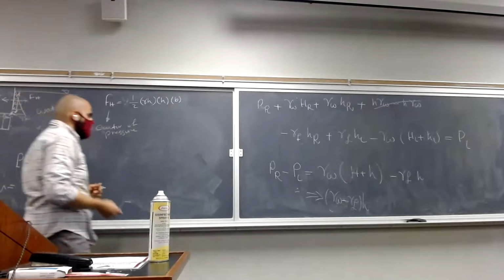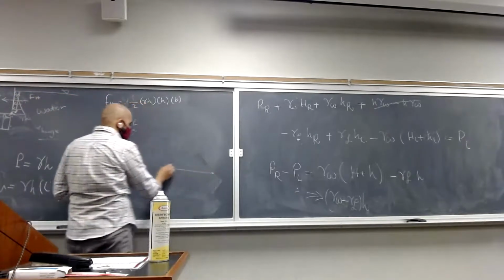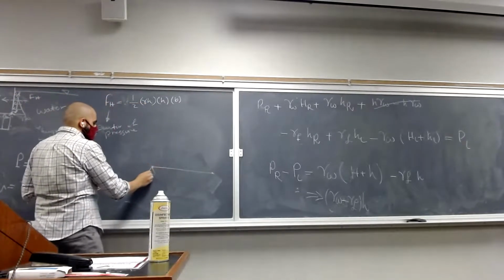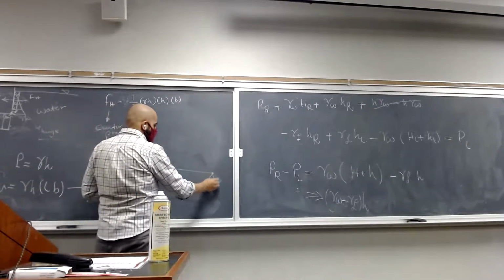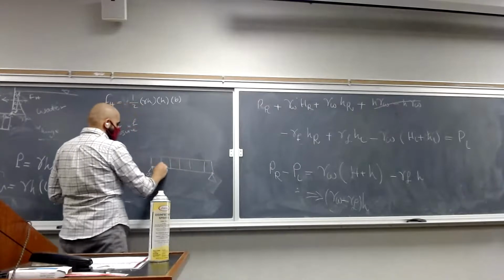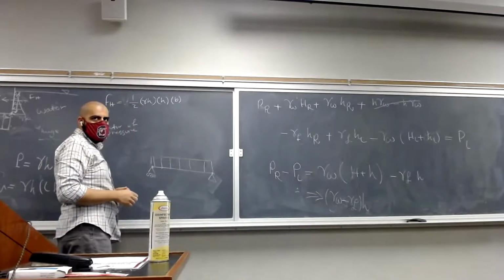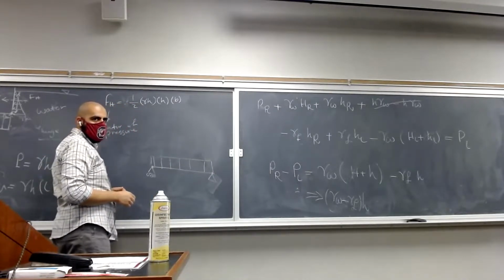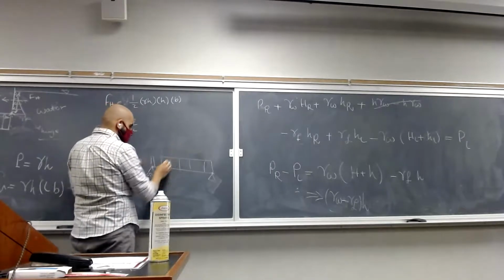Whenever you were confused about this, come back to the analysis you did in your solids class, right? If you have a uniformly distributed force, where is the maximum deflection? In the center, right? This is a uniform force.